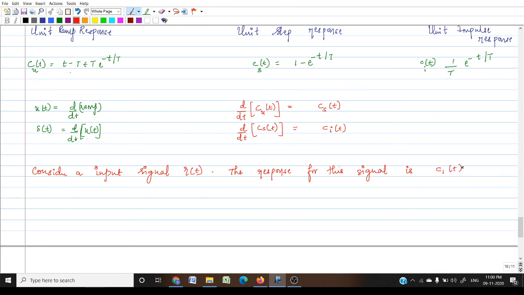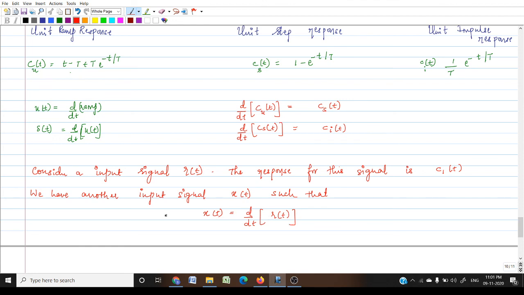And we have another input signal x of t, such that x of t is a derivative of r of t.